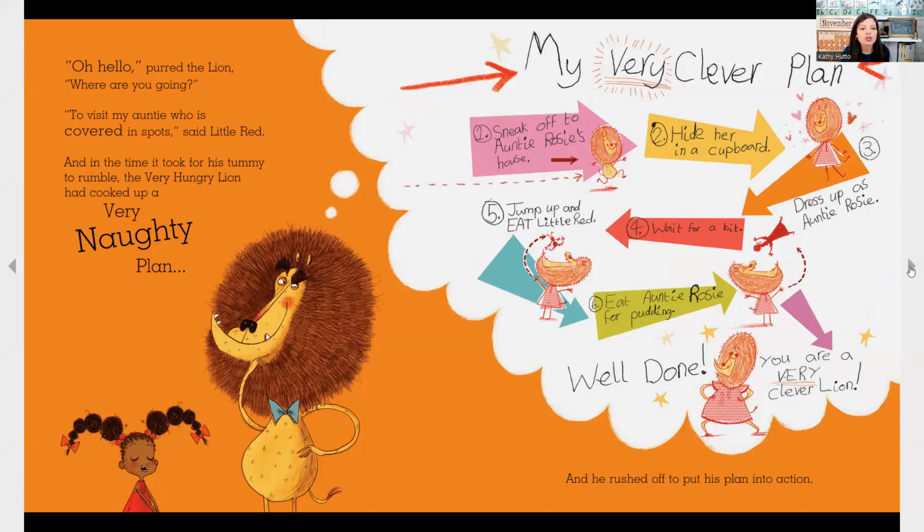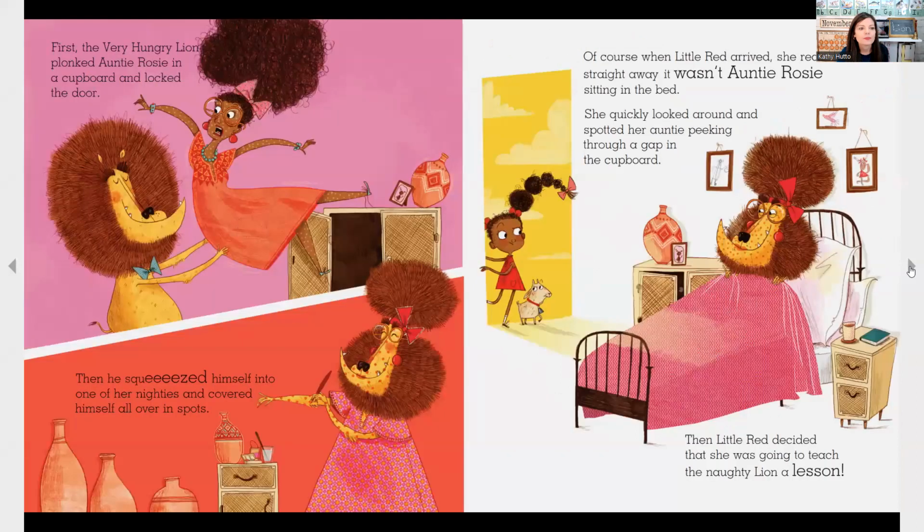And in the time it took for his tummy to rumble, the very hungry lion had cooked up a very naughty plan. And he rushed off to put his plan into action. First, the very hungry lion plonked Auntie Rosie in a cupboard and locked the door. Then he squeezed himself into one of her nighties and covered himself all over with spots.